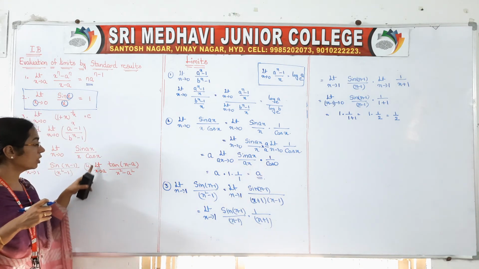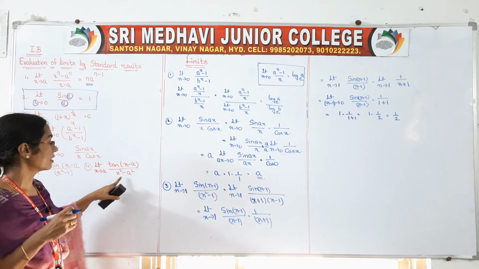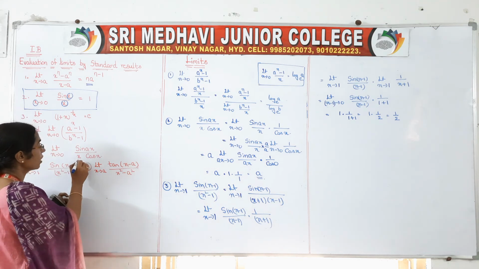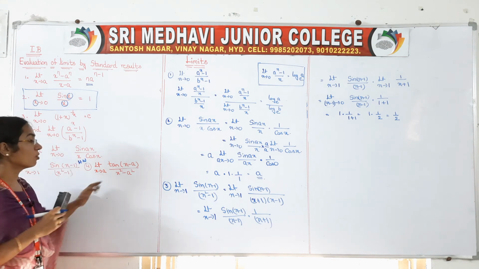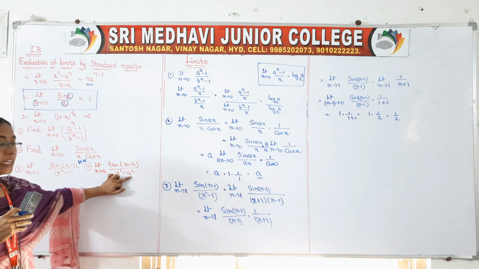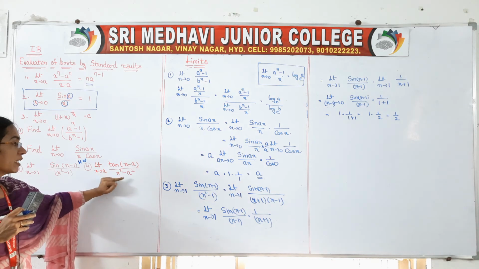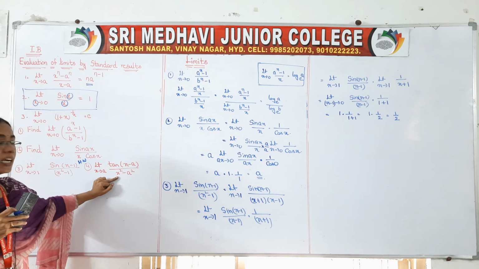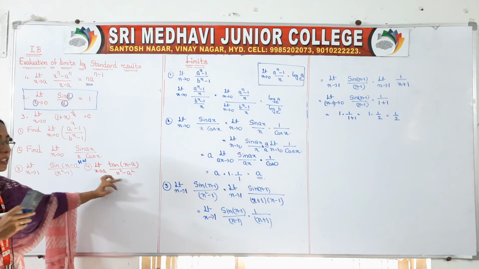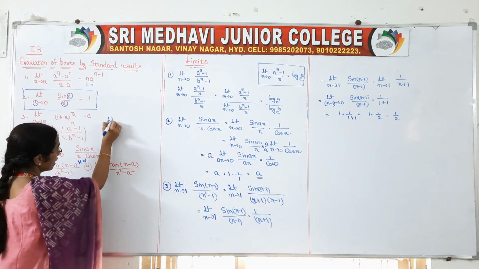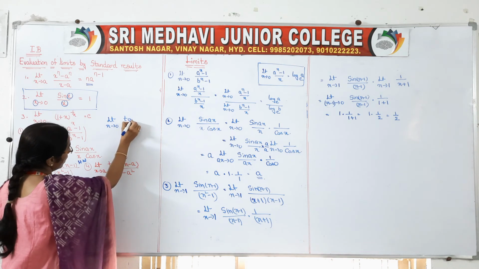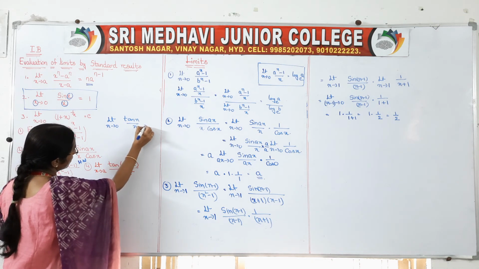While taking the limits you should be very attentive. Now come to limit x tends to a of tan(x minus a) by x square minus a square. This is your homework question, same as the previous problem. Here it is a square minus b square form, which you can take as a plus b into a minus b.